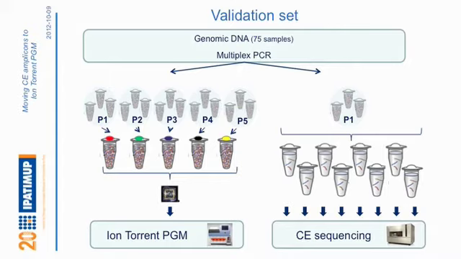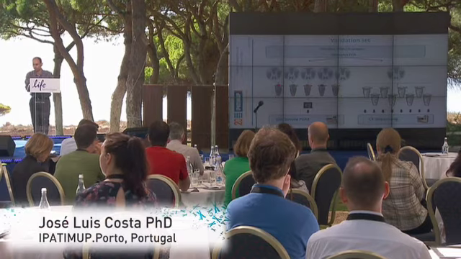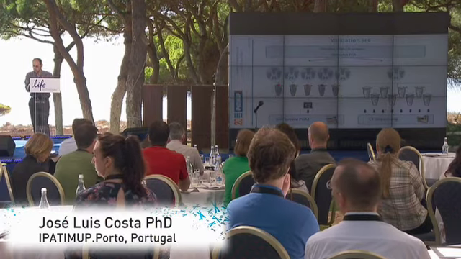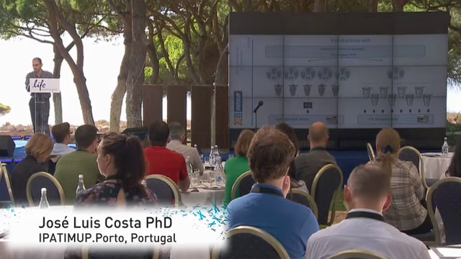And on the right side, if you're doing Sanger sequencing, you need to do, in this case, a lot of single reactions just to study one of the patient's material. So this was probably one of the biggest advantages that we saw from moving to this technology: less workload on the technical staff of the lab.